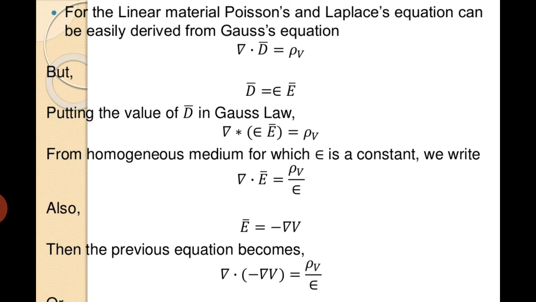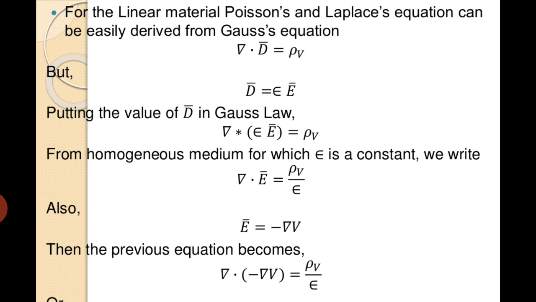Now putting the value of D in Gauss law, we get del dot (epsilon E) is equal to rho V. For a homogeneous medium for which epsilon is a constant, we write del dot E is equal to rho V by epsilon.